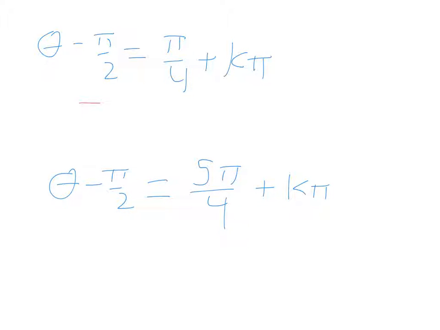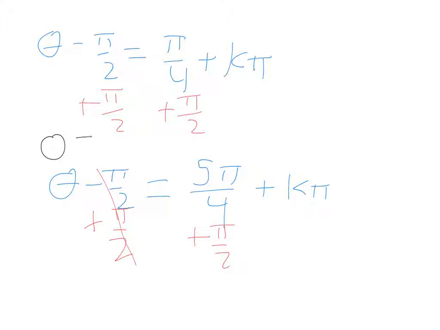So if you add pi over 2 to both sides, we want to solve it for theta. So theta is equal to pi over 4 plus pi over 2 plus k pi, because you have to add these together.